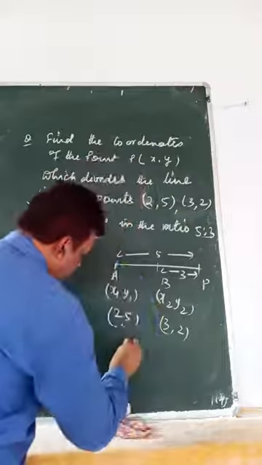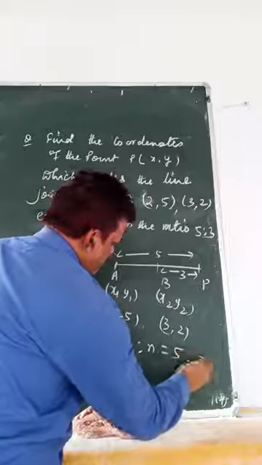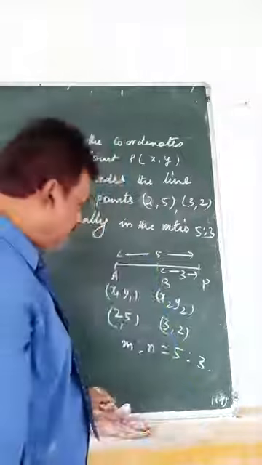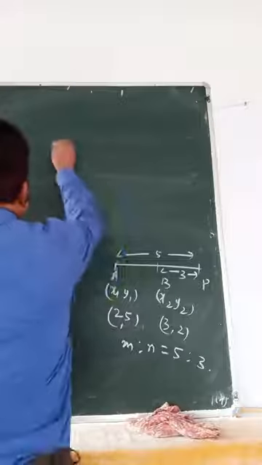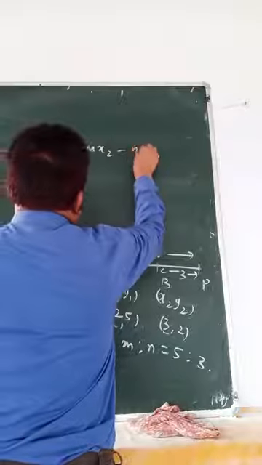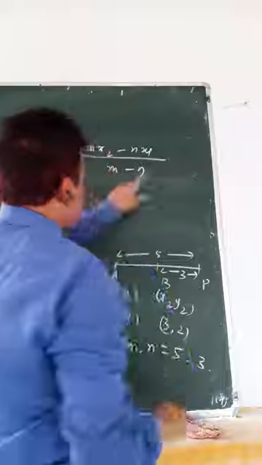But I can write here m:n is 5:3. Okay, the formula you have to remember. What is that formula? Formula is x is (mx2 minus nx1) by (m minus n). Same formula but minus sign.